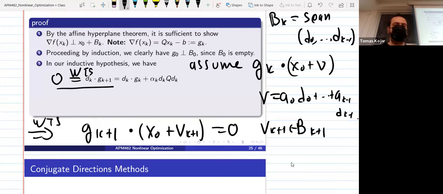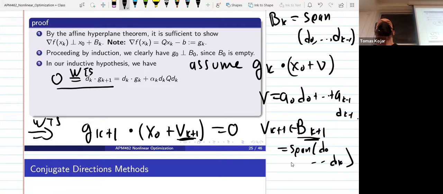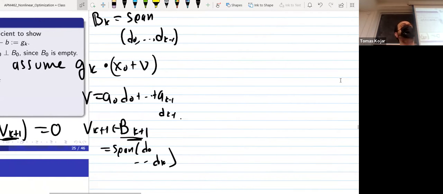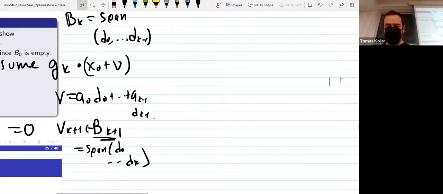You see, the induction is this, right? v_{k+1} from this span of D0 all the way to D_k. You're almost there. This is a linear algebra question, because I want to make sure you follow.